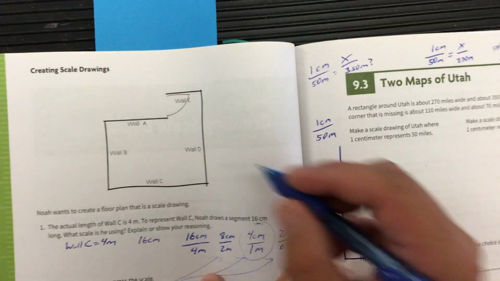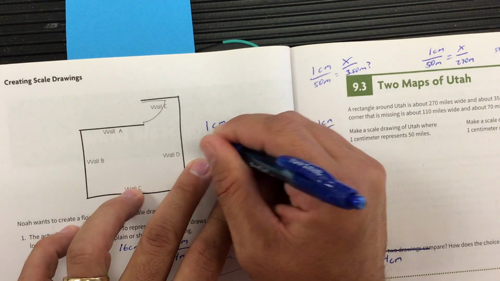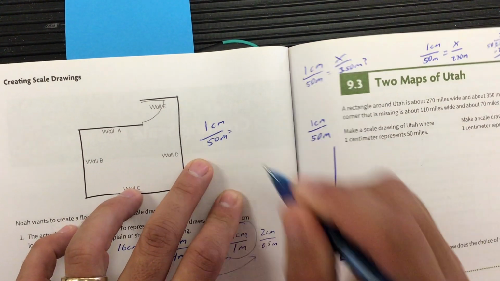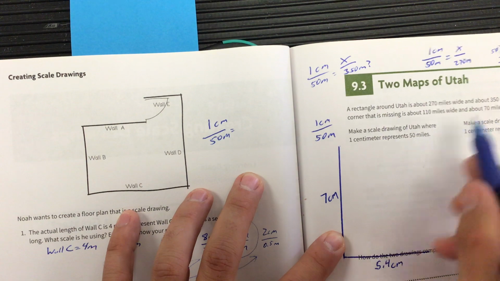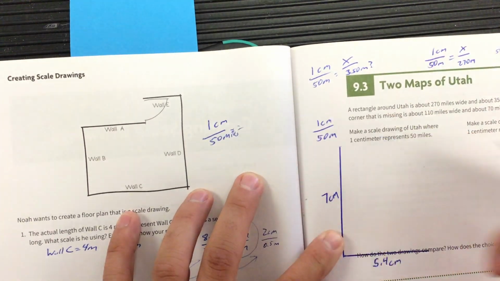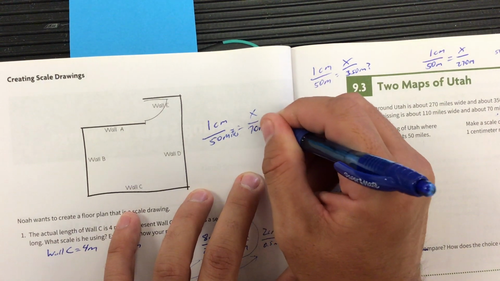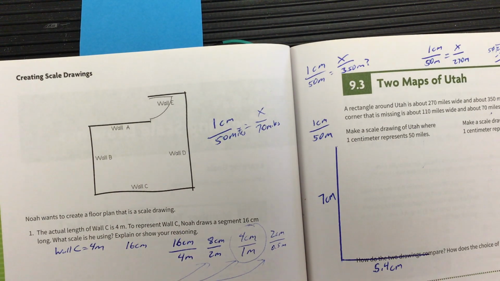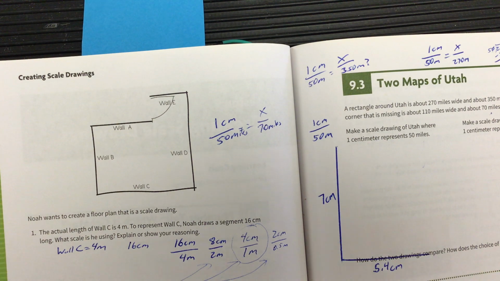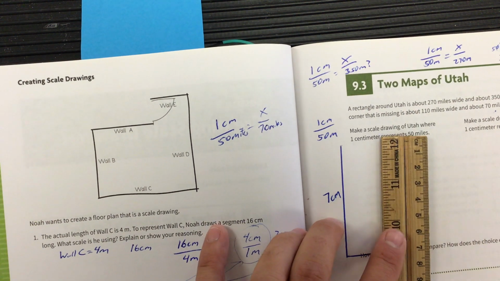Once again, 1 centimeter equals 50 miles. Sorry, I keep saying meters. 70 miles tall. How many centimeters is 70 miles? 1.2. So it's going to come down 1.2.